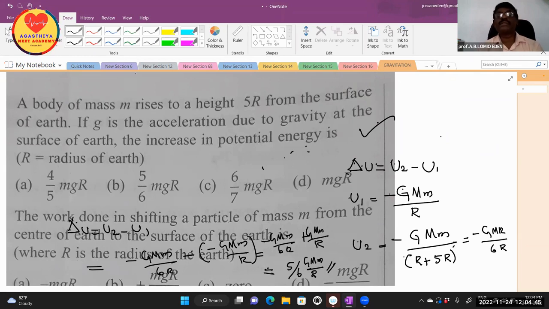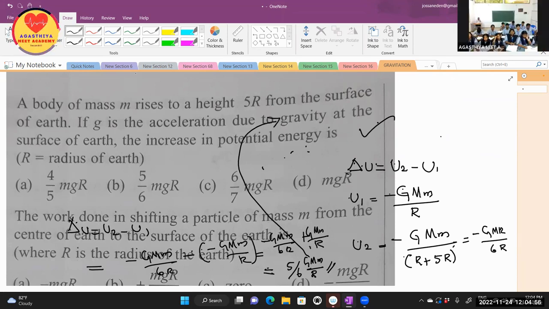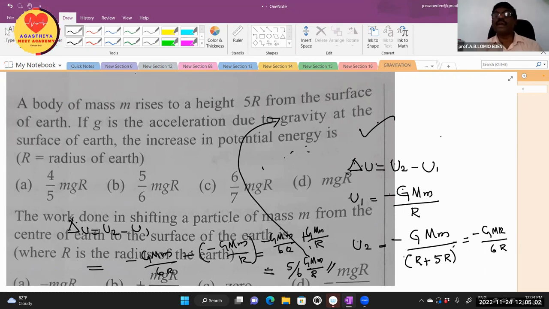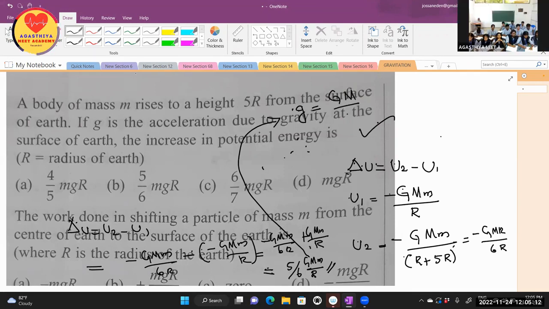Which option is correct? See, here also, all of you listen here. See the options. All the expressions are in terms of g, but our answer is in terms of G, M, small m divided by R. Therefore, the answer is modified in terms of g. What is the formula? Capital G, capital M divided by R squared.